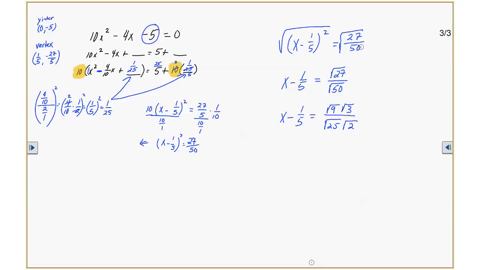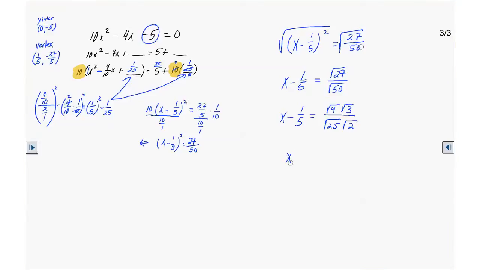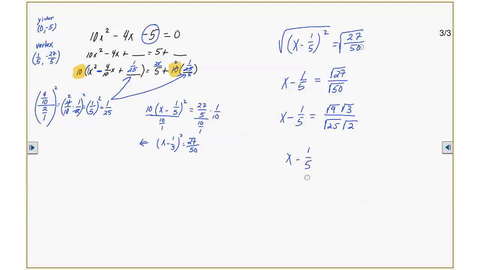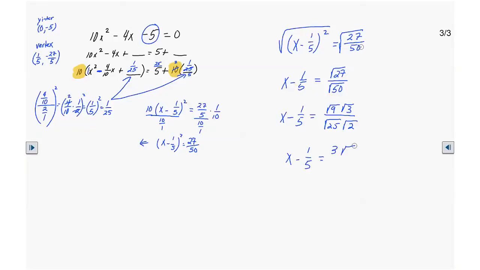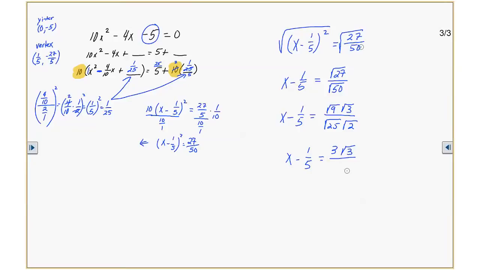And then that's going to give you x minus 1/5 equals 3 square root of 3 over 5 square root of 2. To rationalize the denominator, because I don't want that square root of 2 in there, I multiply by what? Square root of 2 over square root of 2.